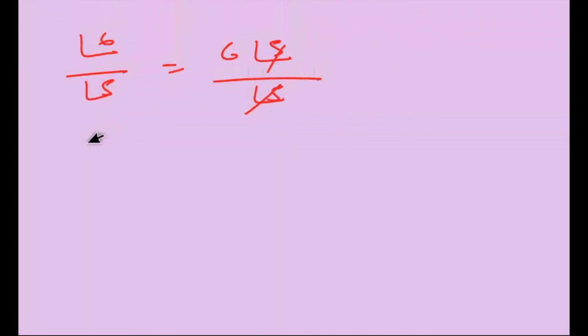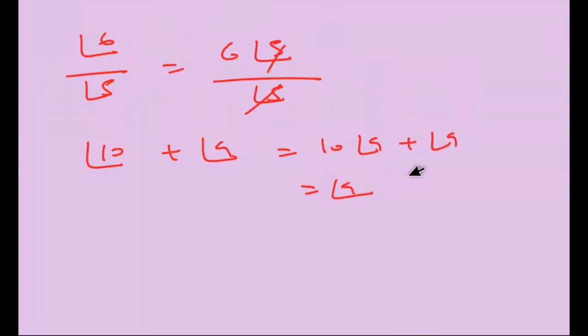Another example: factorial 10 plus factorial 9. You can write 10 into factorial 9 plus factorial 9. Then first take the common factorial 9, then 10 plus 1, so you can write factorial 9 into 11. This way, using the factorial formula, subtracting, adding or multiplying, you can solve many questions.